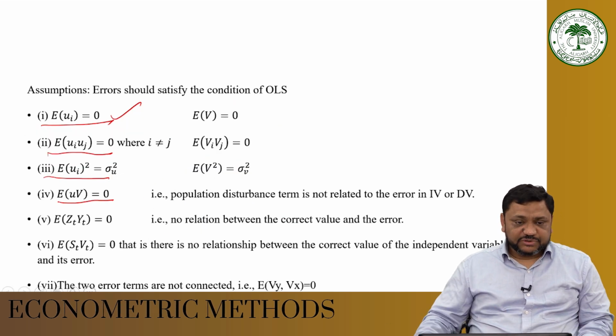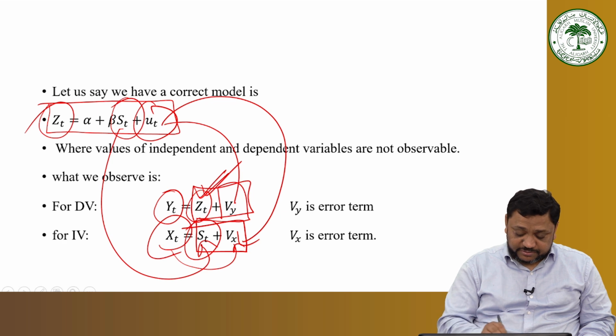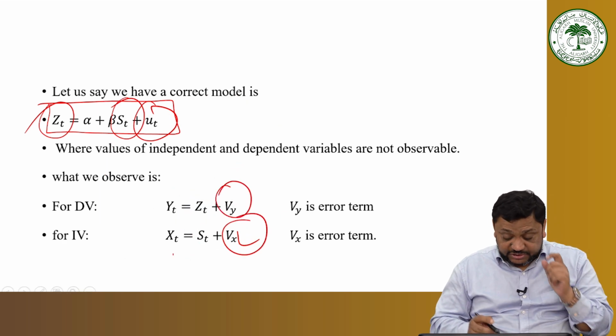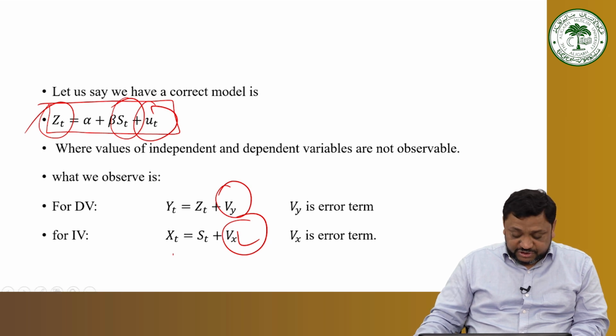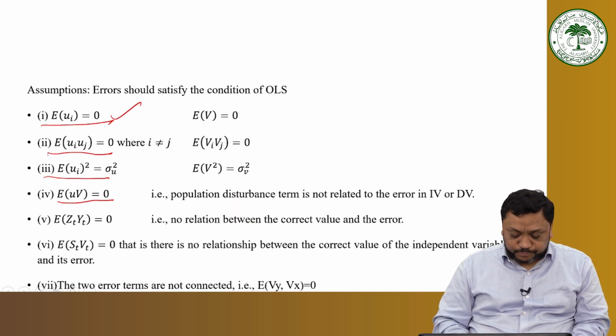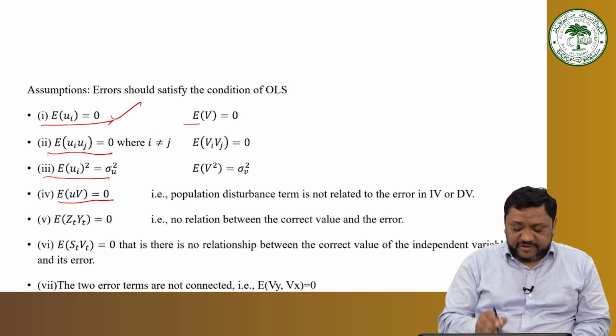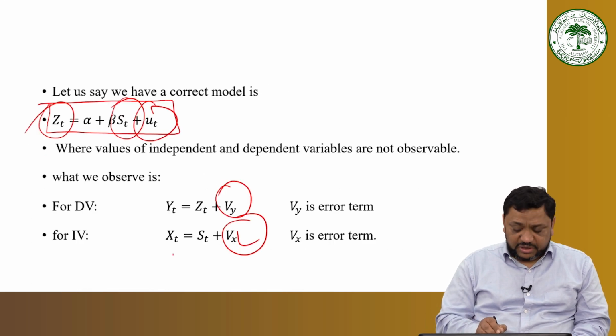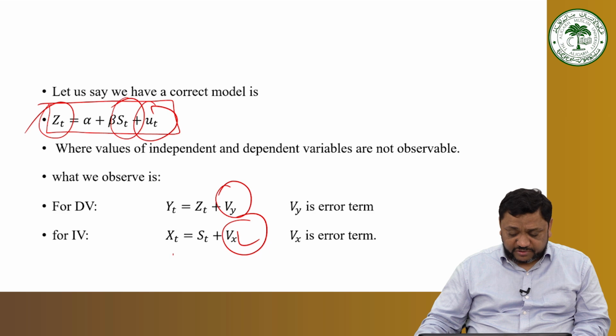Also, the two error terms, what are the two error terms? This is one error term, this is one error term. These two are also not related with each other. Then the expected value of v is equal to 0. The same thing will apply for all these v's. Expected value is 0 for the v.